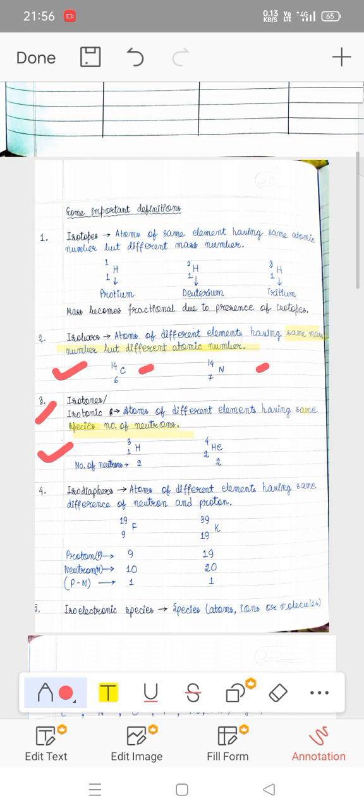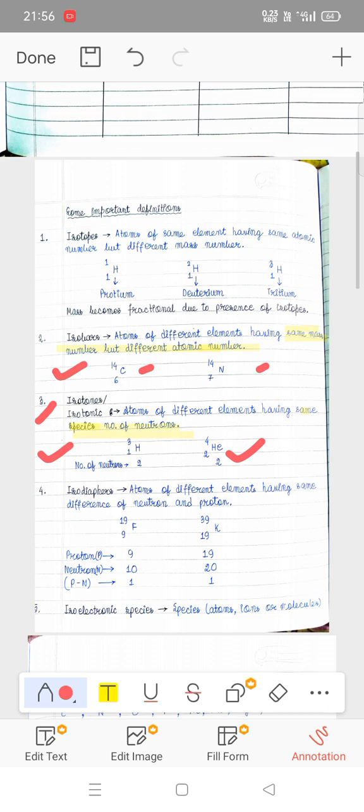The number of neutrons in tritium is 3 minus 1, where 3 is mass number and 1 is atomic number, so 3 minus 1 equals 2. In case of helium, He 4,2, 4 minus 2 is 2. So we can see that in these two elements the number of neutrons are same.